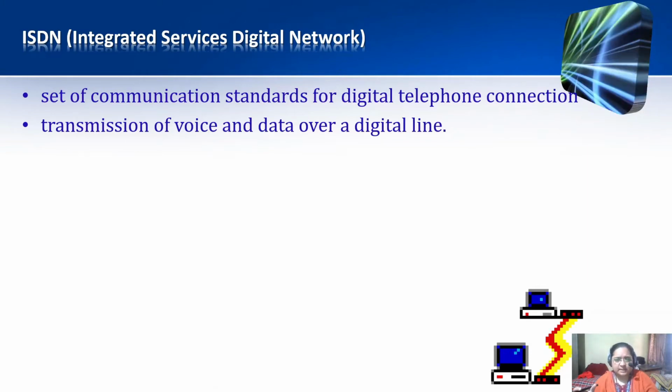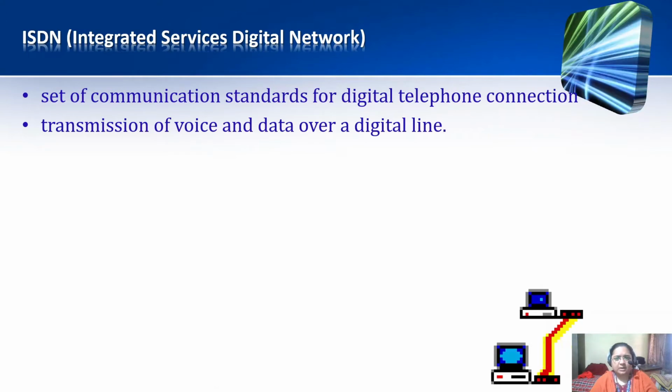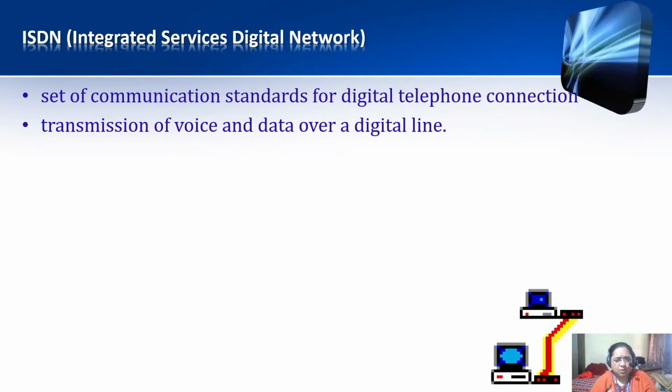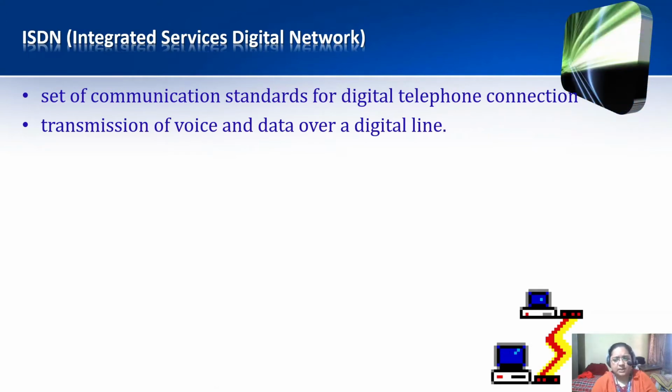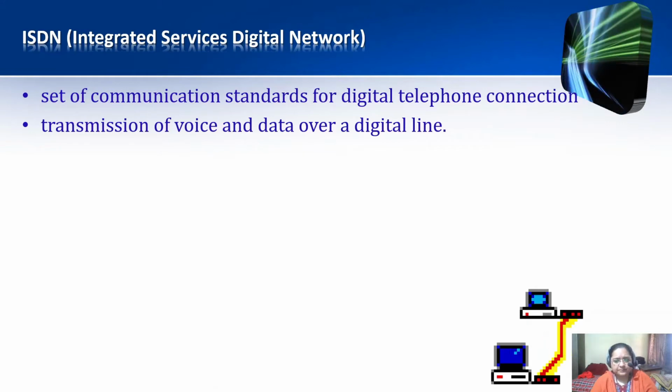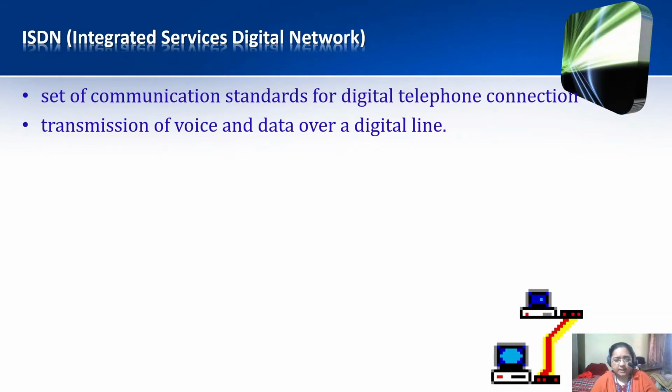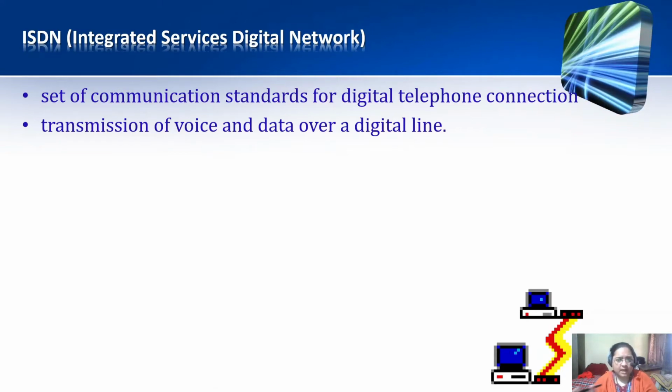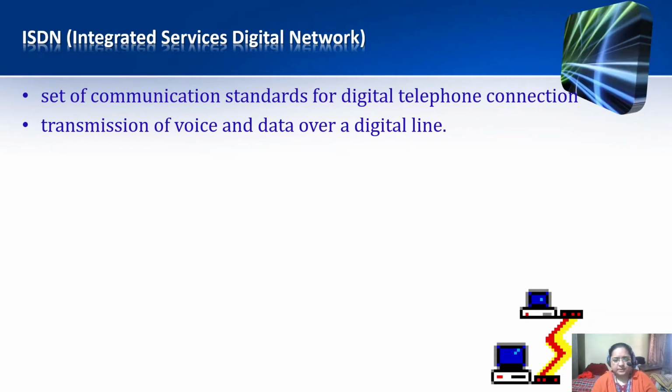The transmission medium is the same, but it has more data carrying capacity as compared to your dial-up connection, and it doesn't use the telephone service, it doesn't share the existing telephone lines, but a dedicated line is established between the ISP and the subscriber.